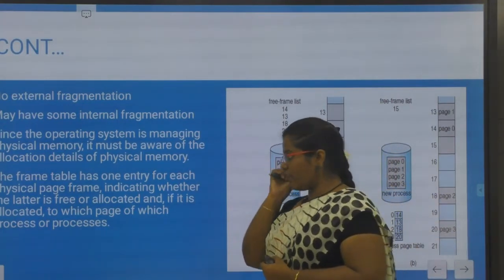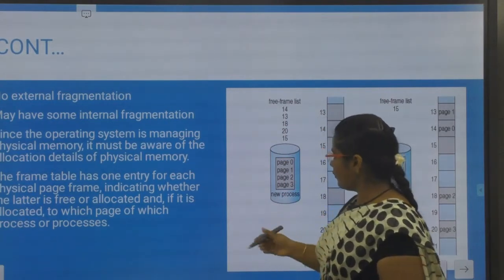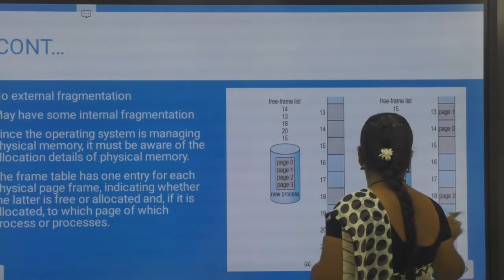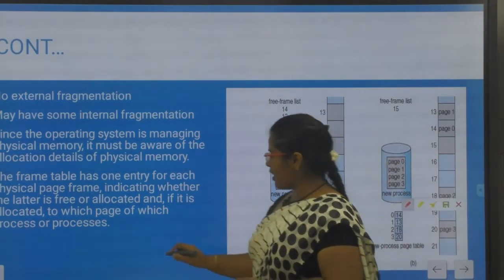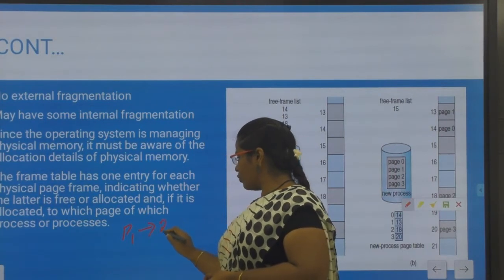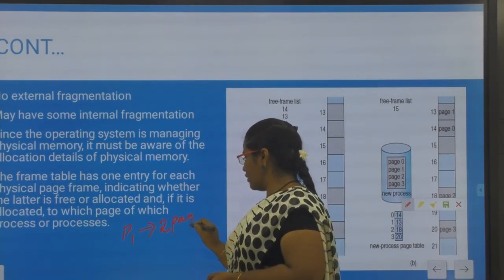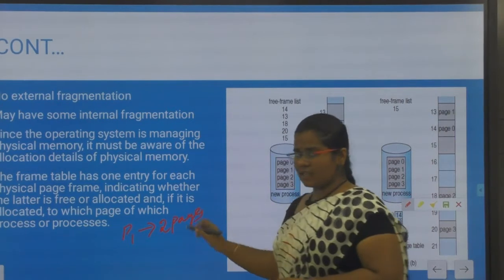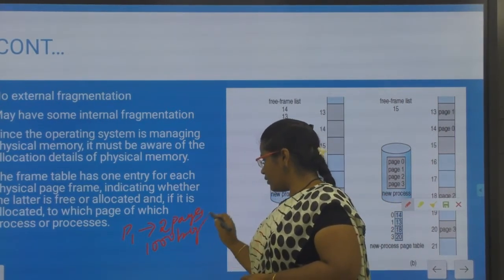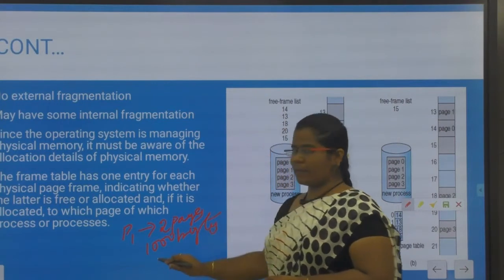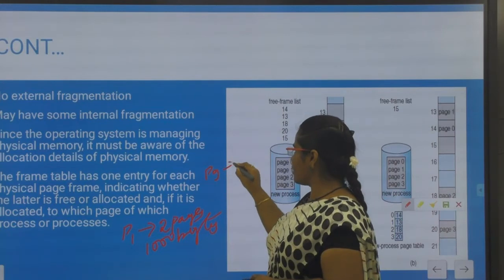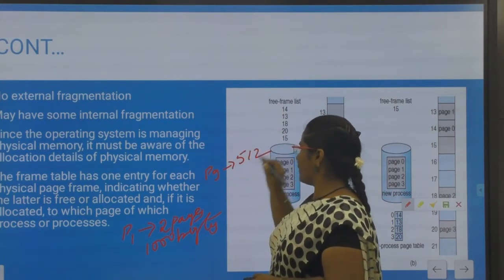For example, say my process P1 has a total size of 1000 bytes and the page size I have is 512 bytes.